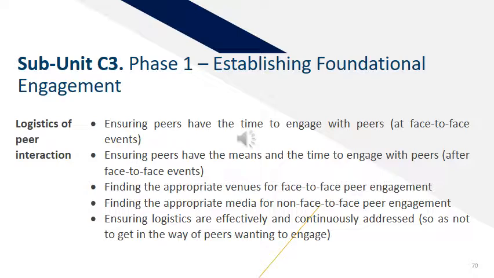And of course, ensuring logistics are effective and continuously addressed. The objective, of course, is to take out any potential obstacle the peer might have to learn with other peers.